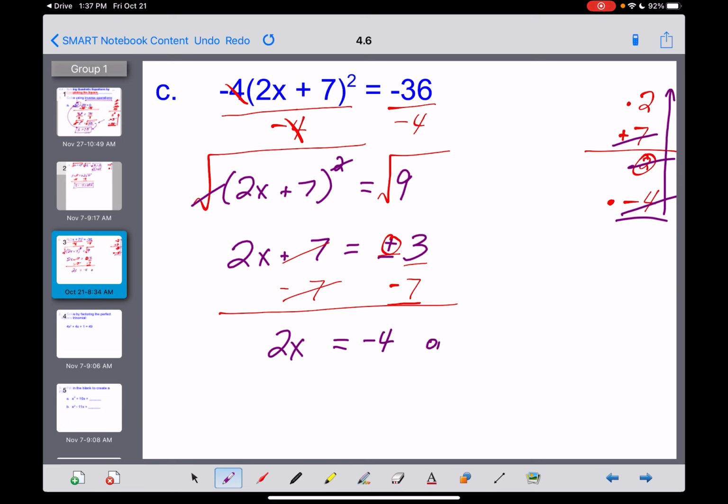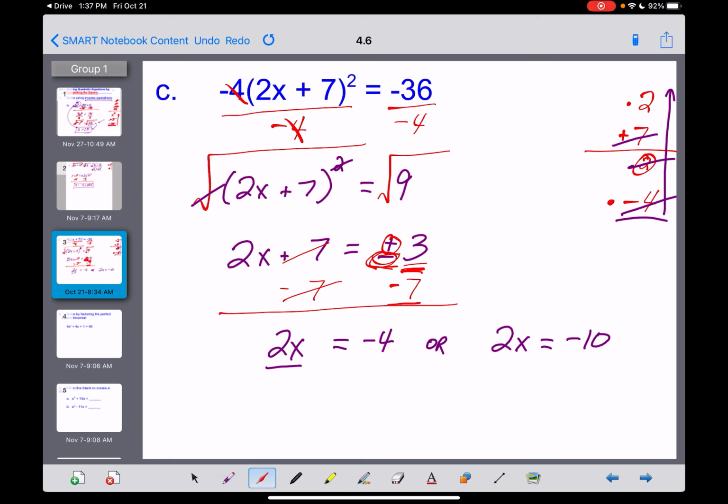But wait, there's more. There's a second part to this as well. Let me rewrite that 2x equals, and now let's focus on the negative 3 right here. What is negative 3 minus 7? That is going to give you negative 10. So you have to consider both the positive case of the 3 and the negative case of the 3.